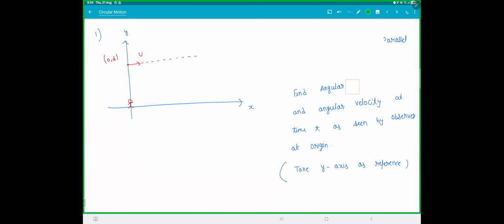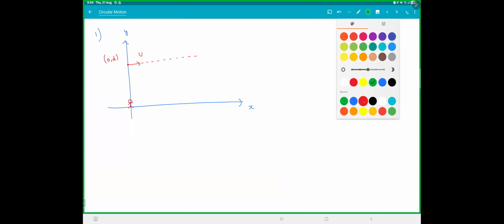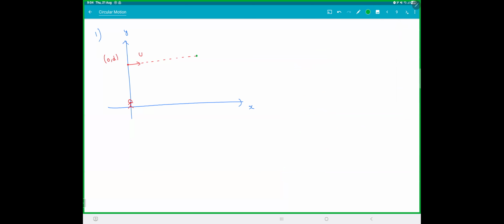Yeah, there are two ways you can do this. You can go completely mathematically. So let's say after some time the particle will reach here. This distance will be u into t. This will be your r bar. This angle will be theta. This distance will be d.